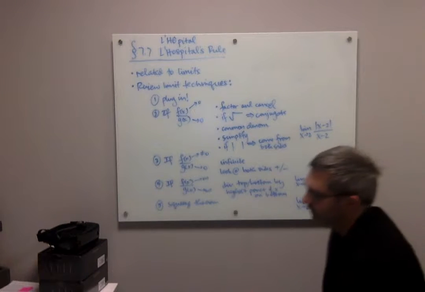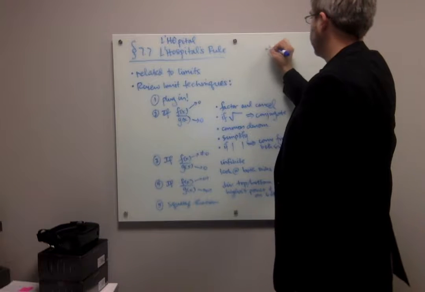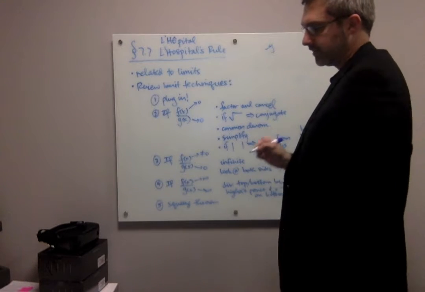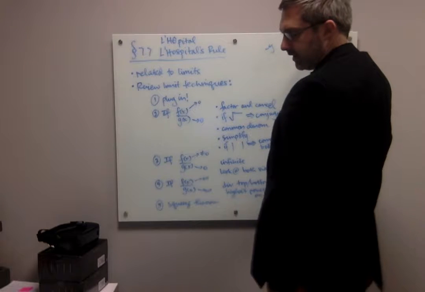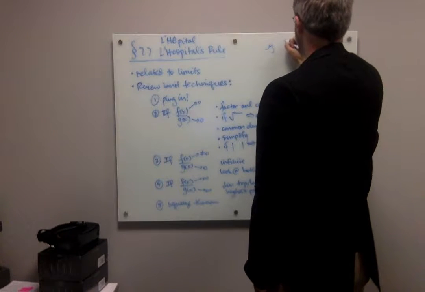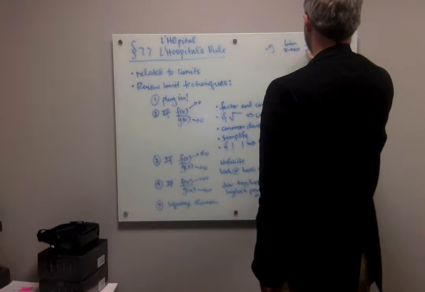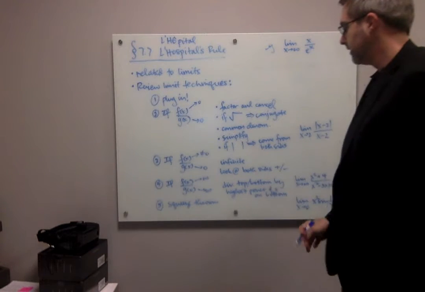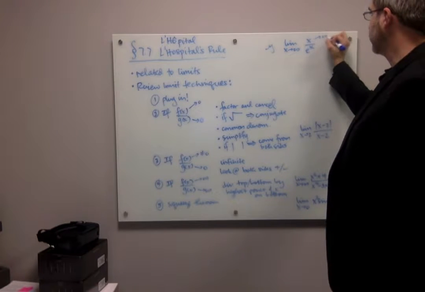Let me just give you two examples of ones that none of these limit techniques will actually allow us to do. So if I look at, for example, the limit as x goes to infinity of x over e to the x. The top here, when x goes to infinity, x obviously goes to infinity.